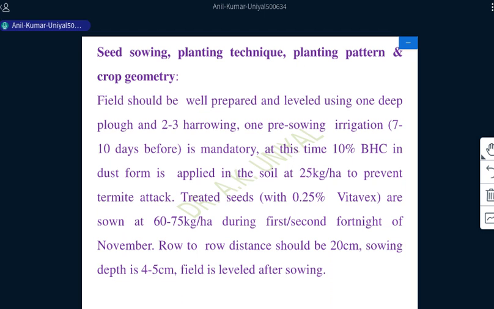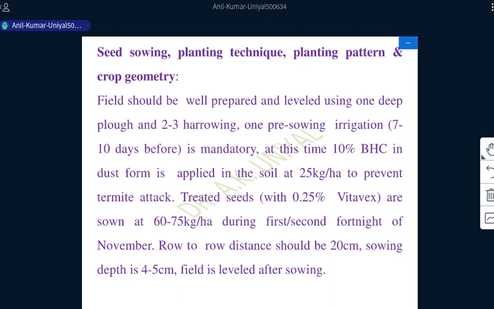One pre-sowing irrigation is also needed, conducted 7 to 10 days before actual sowing, and at this time 10% BHC in dust form is also applied in the soil at the rate of 25 kg per hectare to prevent termite attack.